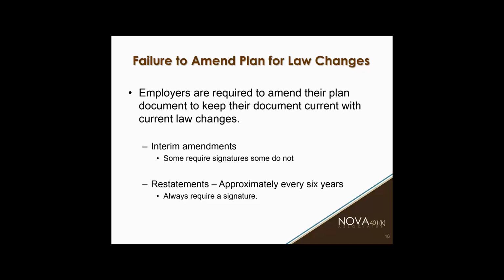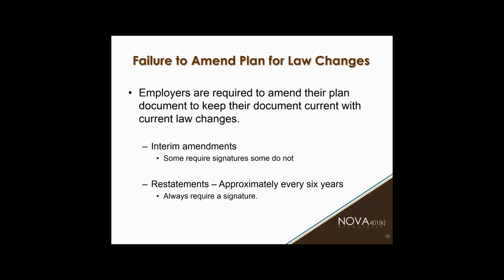And then in between major document restatements, or when they release these template documents every 5 to 6 years, if there are law changes in between the major document restatements, these are called interim amendments, and sometimes plans need to amend for those. Now, this is something that NOVA does keep track of and prepare for you.